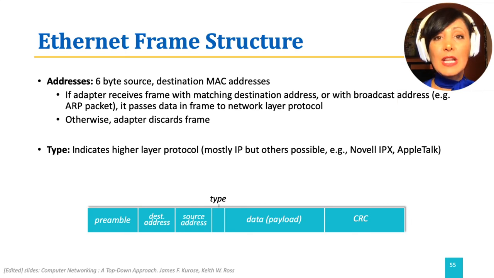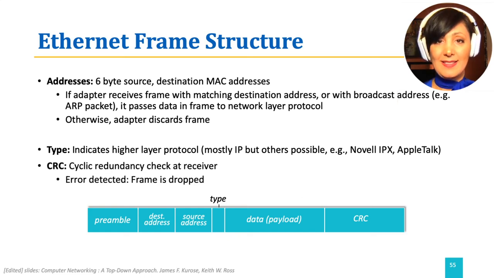The length of the IP datagram will be used in the network layer to reassemble the fragmented frames or separate the data from the stuffed bits. And last but not least, 4 bytes of cyclic redundancy check, or CRC, is used in the Ethernet frame to check the correctness of the frame at the receiver.